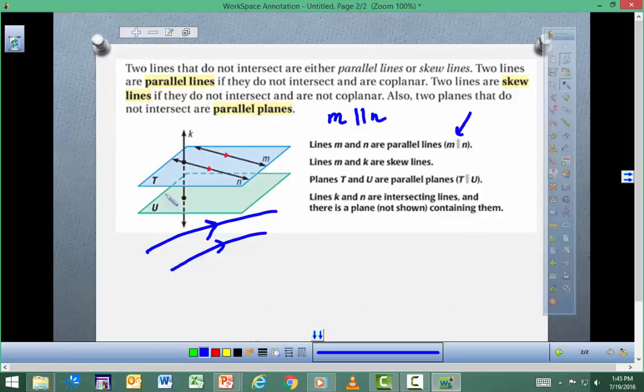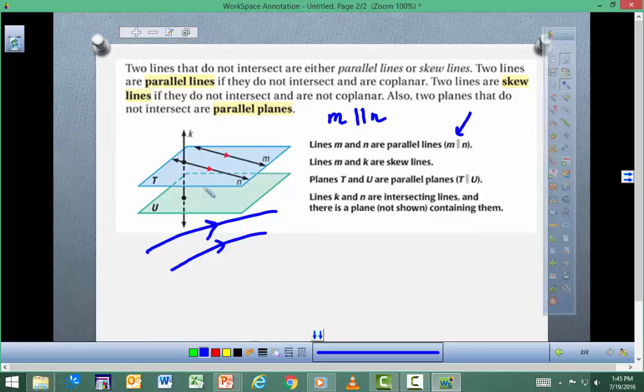Now we also have what are skew lines. Now skew lines don't intersect either, but here's the deal. They are in different planes, so to speak, I shouldn't say it, they're non-coplanar.